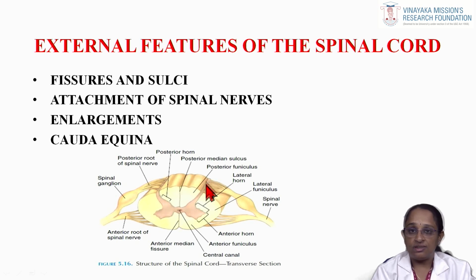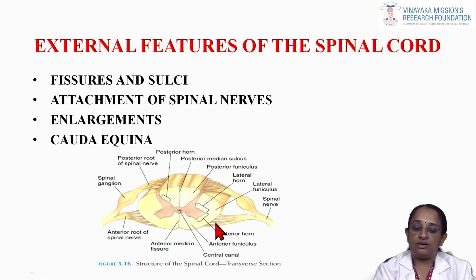Here in the posterior towards lateral, we say posterolateral sulcus, where the posterior root of the spinal nerve arises, and anteriorly, the anterolateral sulcus, where the anterior root of the spinal nerve arises. Then the fissure: I said only one fissure is there, the anteromedian fissure. Three sulci: posteromedian sulcus, posterolateral sulcus, then anterolateral sulcus.